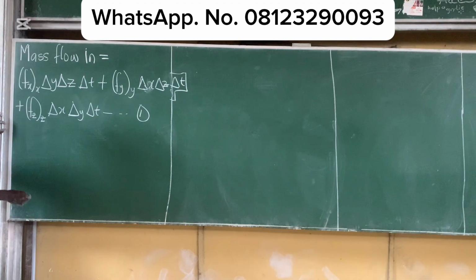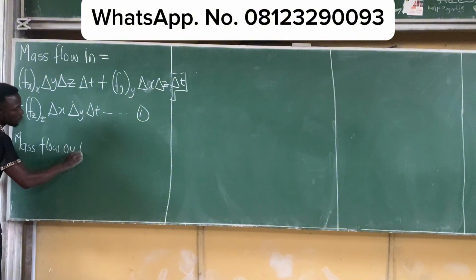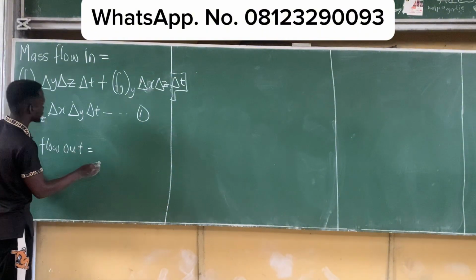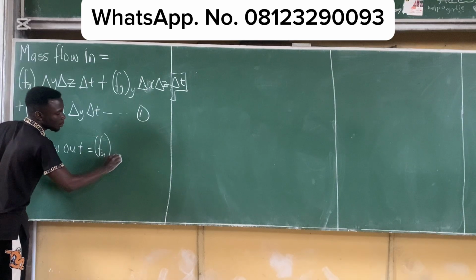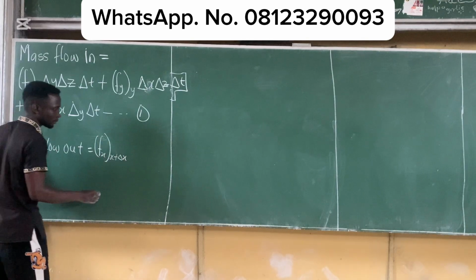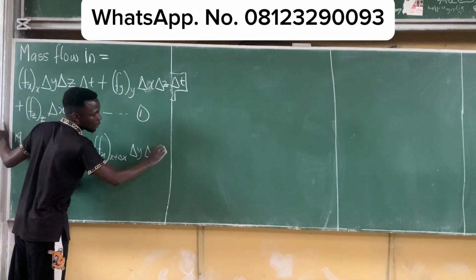Also, our equation 2 is mass flow out, which is equal to f of x, x plus delta x, delta y, delta z, and what?